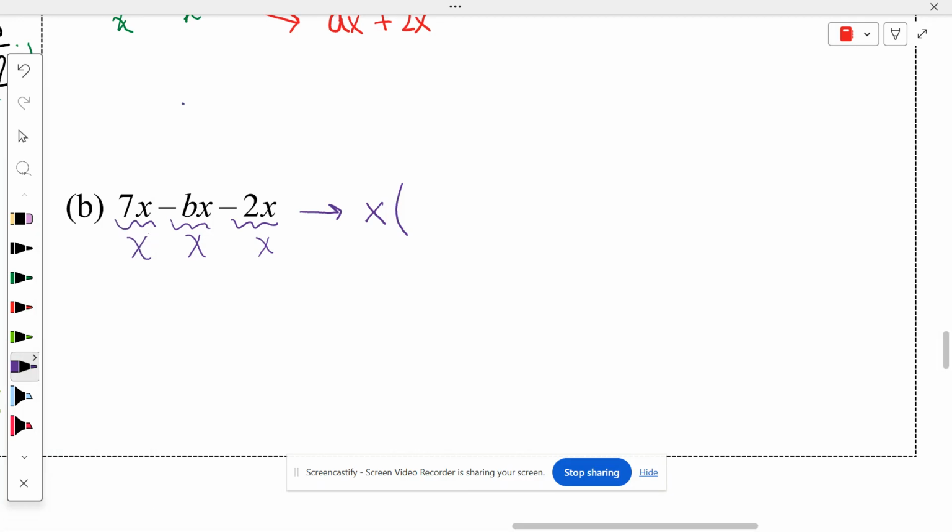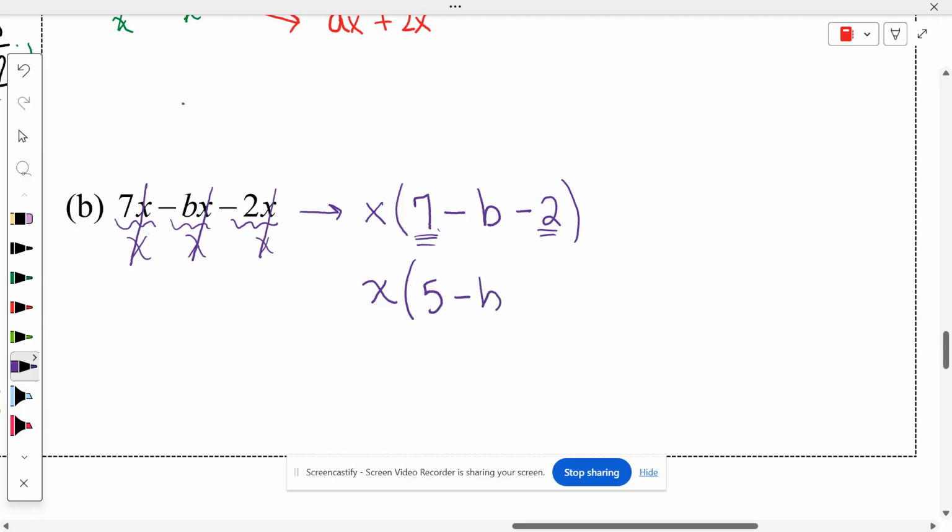It's the same concept. So when I take an x out, that gives me 7 minus b minus 2. Well, within this parenthesis, I have a positive 7 and a negative 2, and I can combine those two terms. That becomes x times 7 minus 2 is 5 minus b.